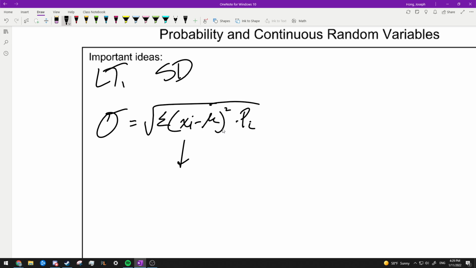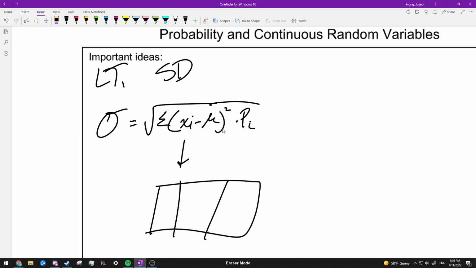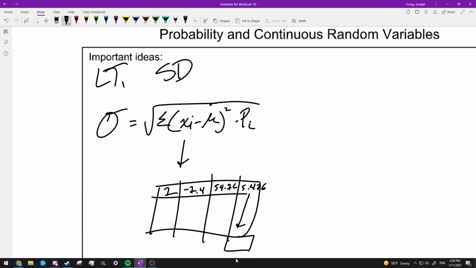So this equation is from that table that we just did. Oh, I need one more line. Where it was like 1, negative 7.4, 54.76, and 5.476, and that added all the way down to this right number being 22.64.